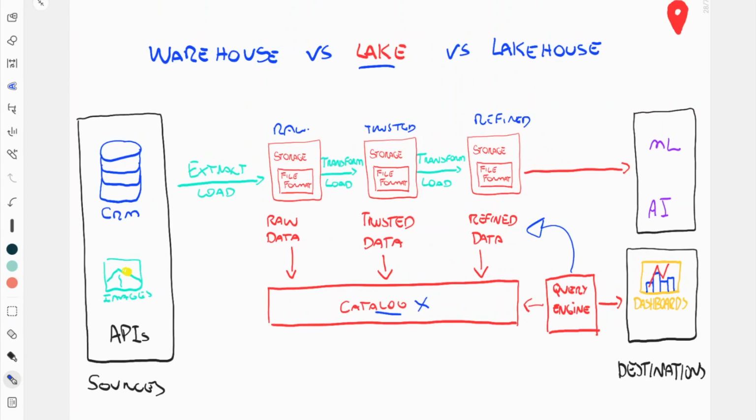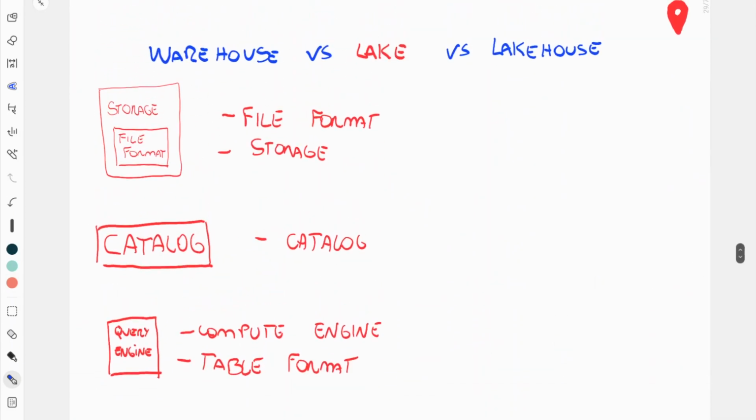So that's basically it, and you can see that this structure, the difference from warehouse and lake, is basically decoupling all of the structures. So instead of having all of those features that we listed in only one service, let's say, you have it in multiple services. So here for storage and file format, you have it in one application, let's say.